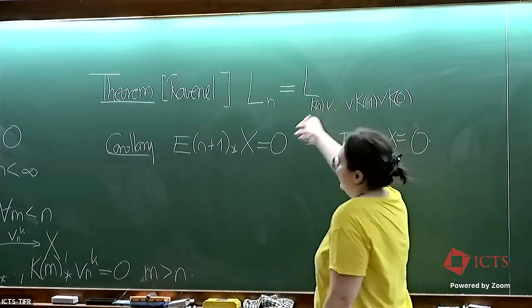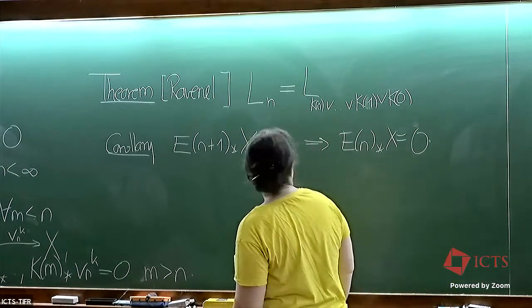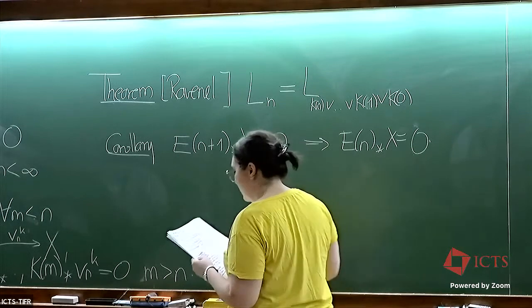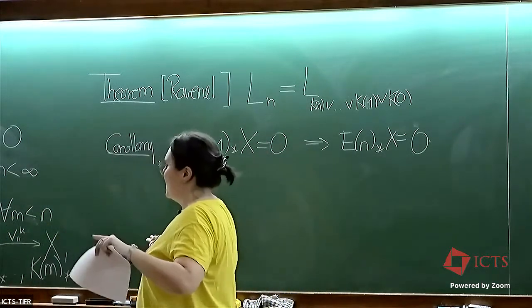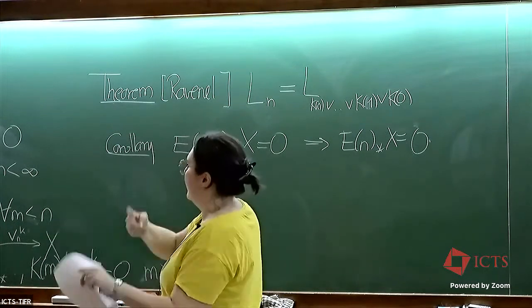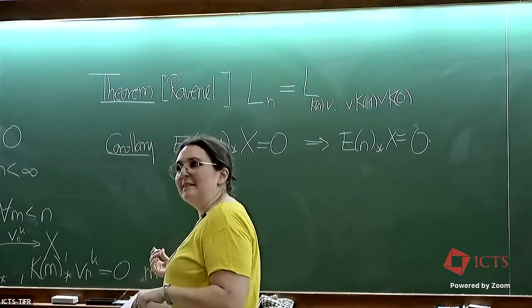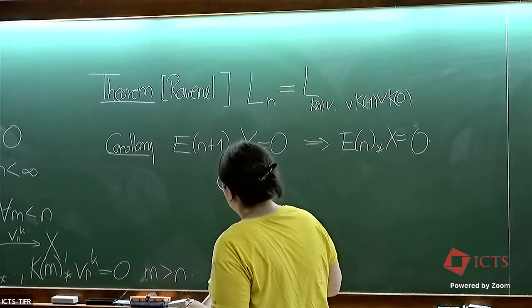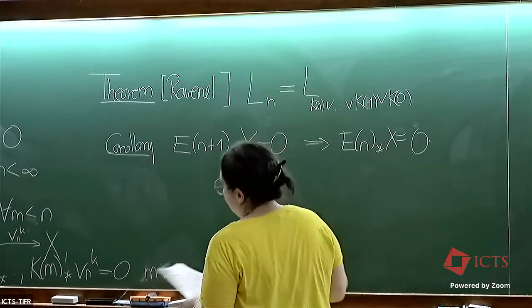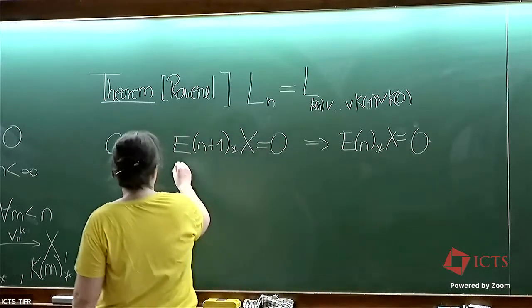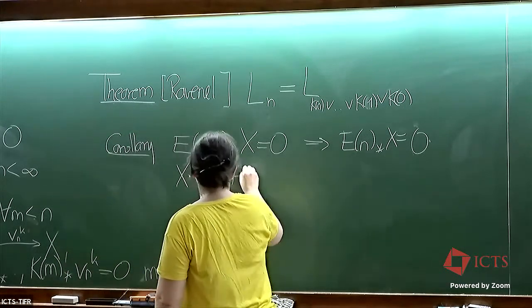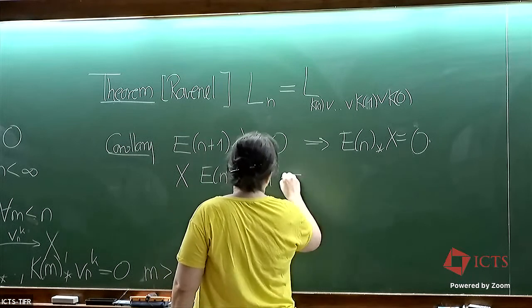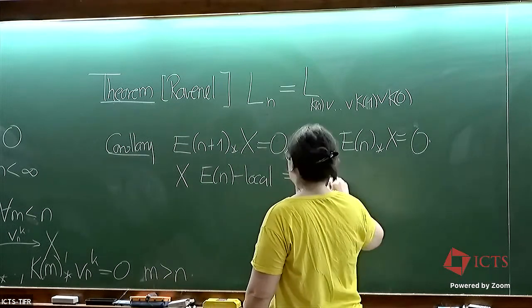Just from that, I mean, plug it in, and then you see. And therefore, because of these implications, almost you could say duality between local objects and acyclic objects, you can say that if X is En local, then it is also En+1 local.